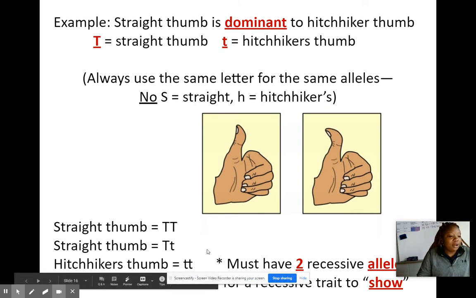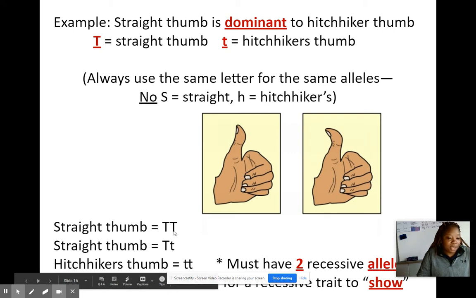So let's talk about the hitchhiker's thumb. How did the offspring get a hitchhiker's thumb? That's because mom passed down a recessive gene, dad passed down a recessive gene, and two recessives will equal recessive. That's the only time you will ever read small letters as being recessive, when they're both together.